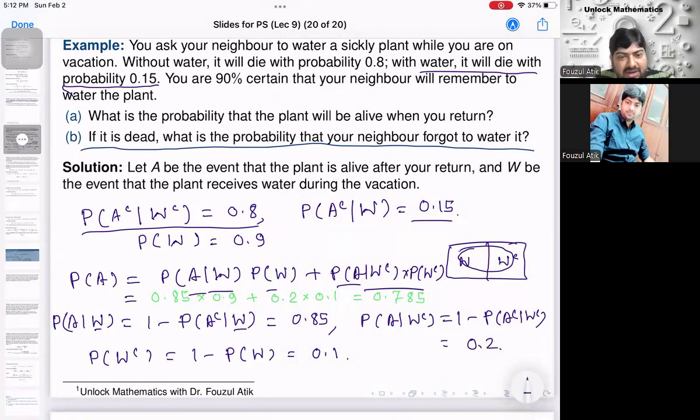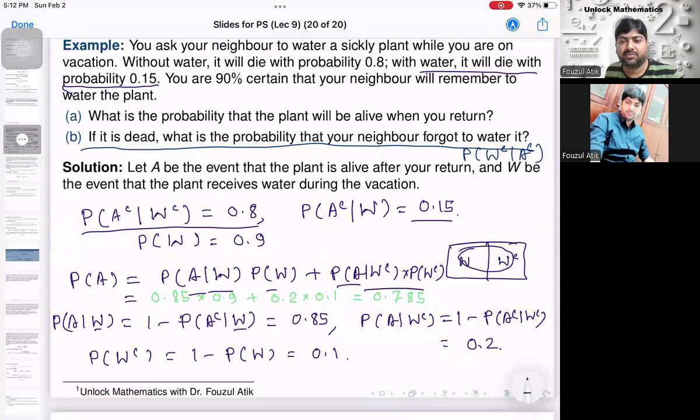The probability that your neighbor forgot to water it means the plant did not get any water, so it is the event W complement. You have to find the probability of the event W complement given that A complement already happened. So you have to find P of W complement given A complement.